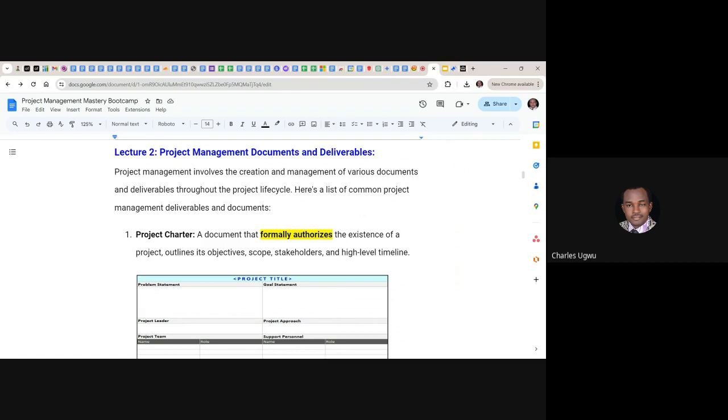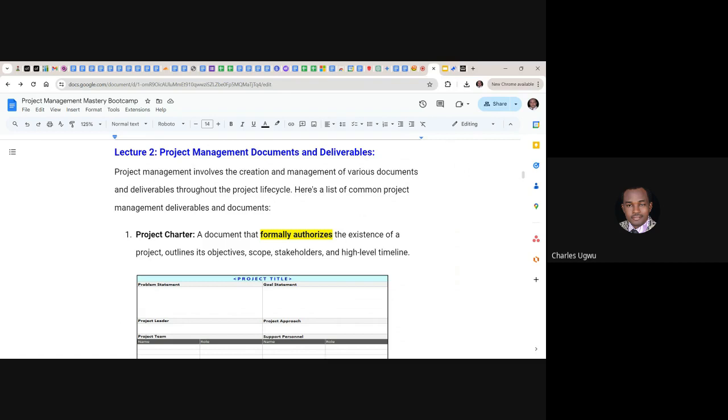Once the business case is approved, that is when the project will officially start. And the project cannot start without a project charter. Some companies move on with the project, creating deliverables and a project plan without a project charter, but that is not the best practice. So we have to apply best practice.